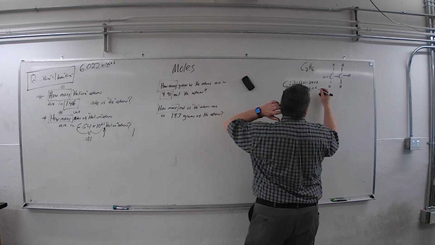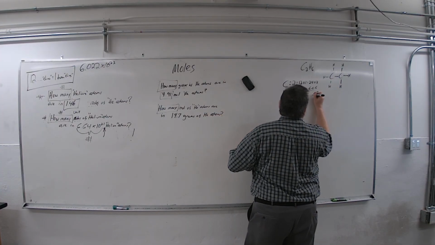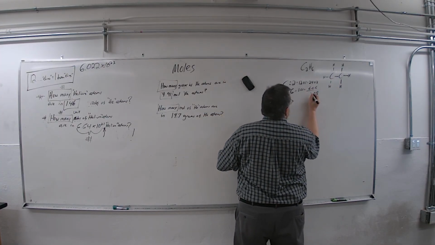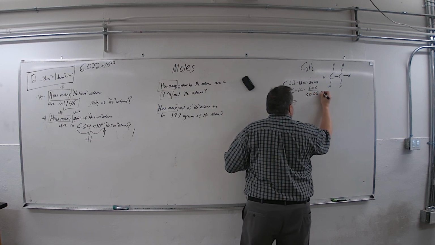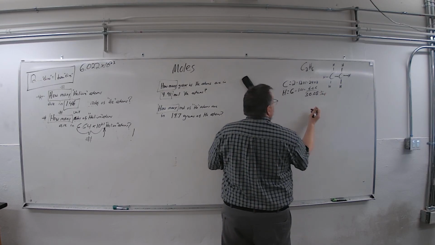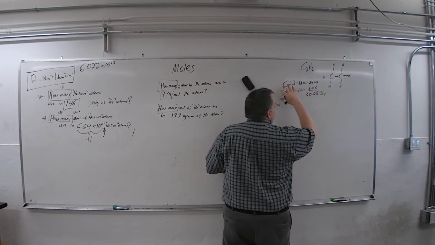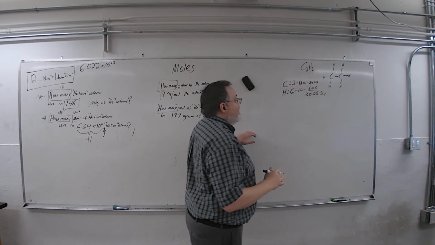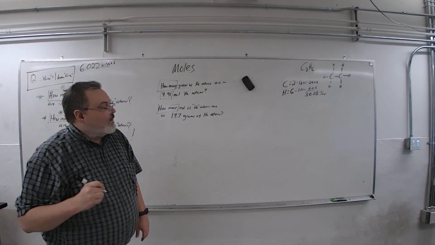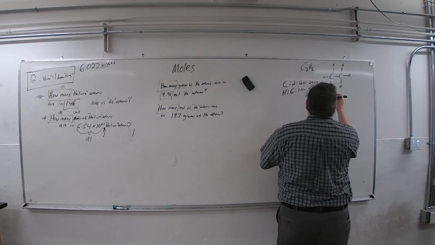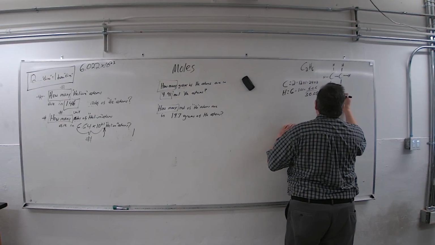And if I add it all up, I've got 30.08, and then go grams per mole. I could have written grams per mole here and then carried it through, but I just do that in the margin real quick, and then I stick grams per mole on there.